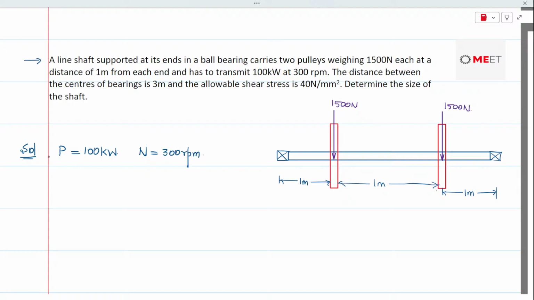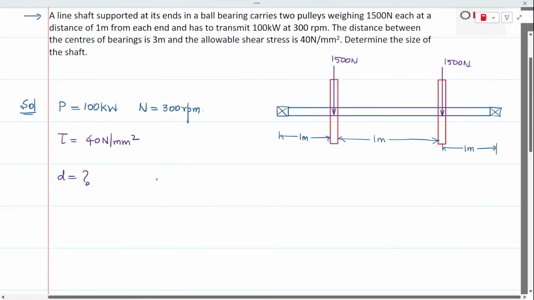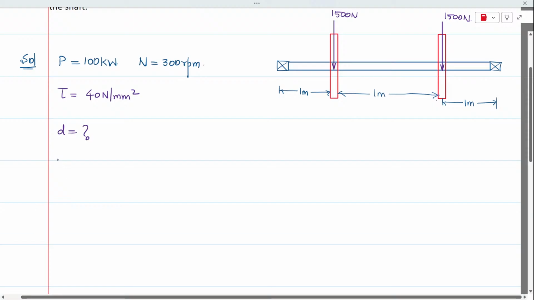Here the allowable shear stress is given as 40 Newton per mm square, and once again you are required to determine the diameter of the shaft. Let me calculate the parameters which are common. Power can be calculated first.